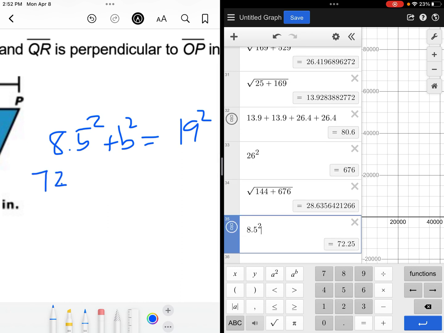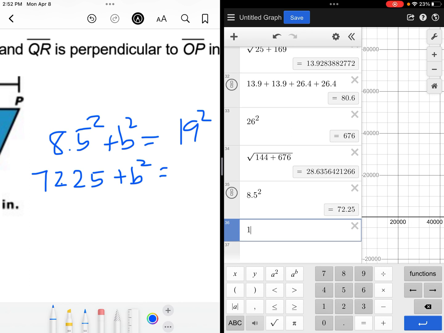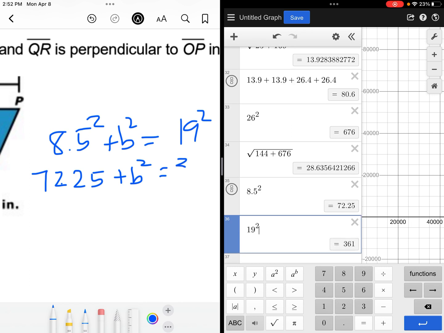So that's 72.25 plus b squared equals 361. I'm going to subtract 72.25 on each side.